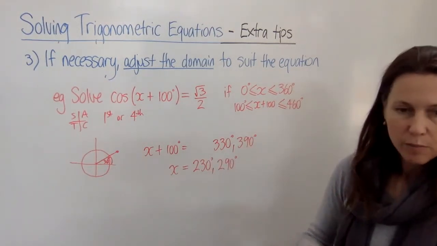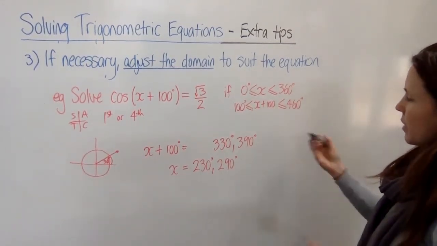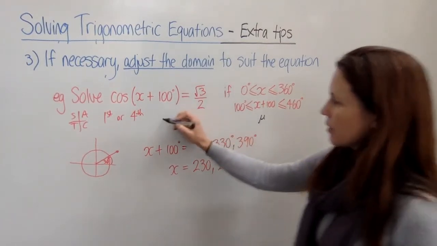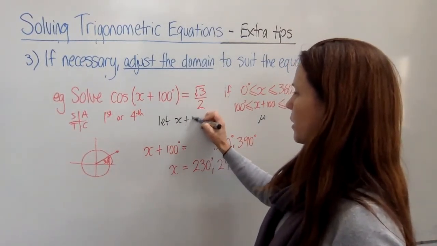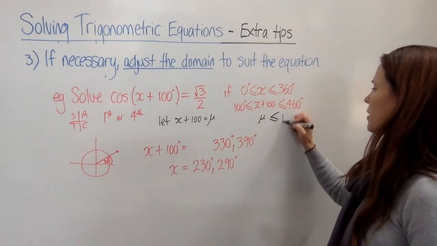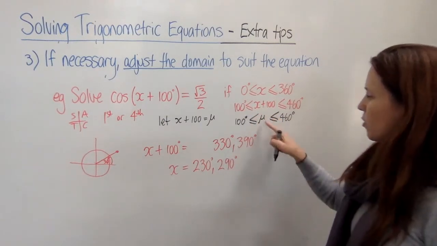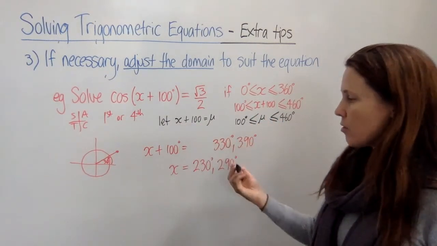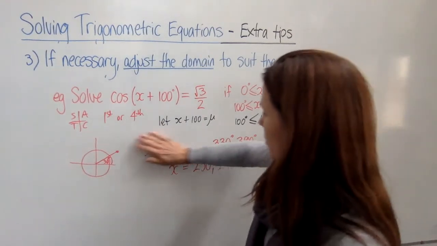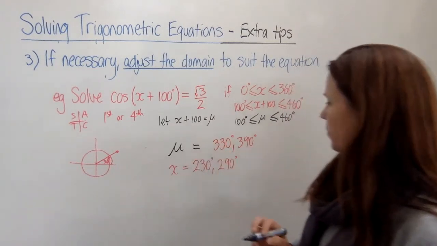Now again, many people will use the substitution method here. Let's use a different colour to say if x plus 100 degrees is there, then let's let x plus 100 equal, say, mu, and they'll write in here that mu must be between 460 and 100. Now, whether you call it mu or you call it x plus 100, you're still going to put that here. So people using that method would have written their mu in here.